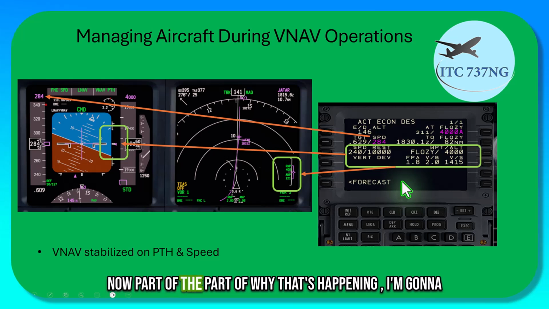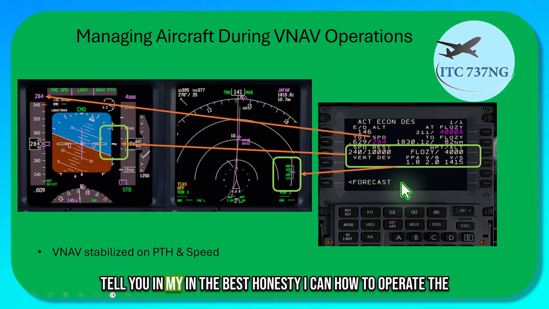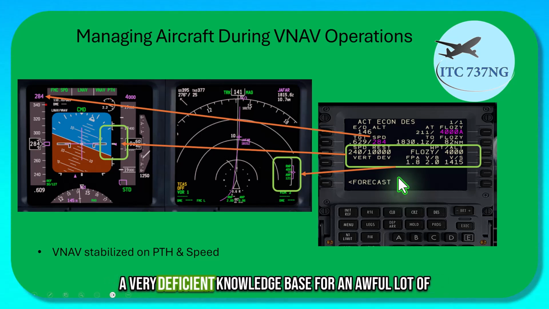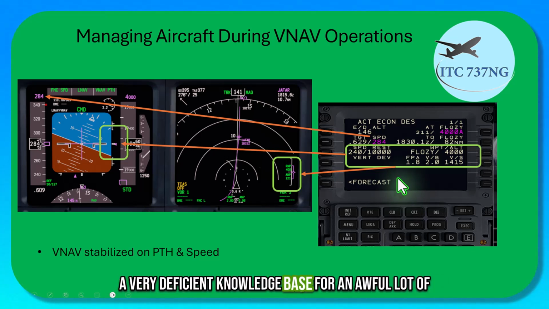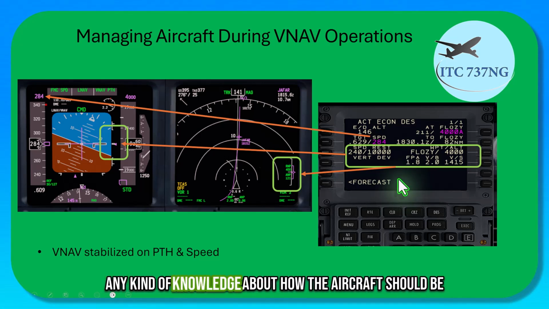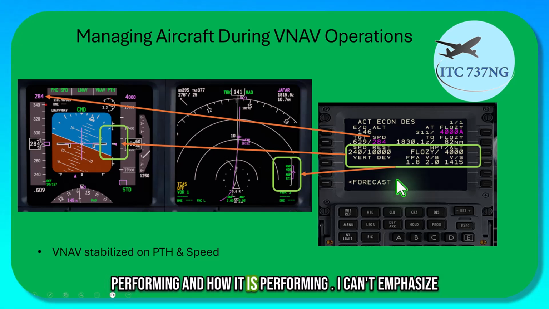Now, part of why that's happening, I'm going to tell you in the best honesty I can, how to operate the auto flight director system and how to operate in VNAV is a very deficient knowledge base for an awful lot of pilots, such that you can't even monitor it in a way with any kind of knowledge about how the aircraft should be performing and how it is performing.